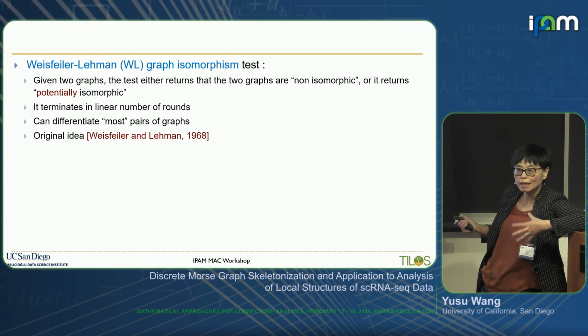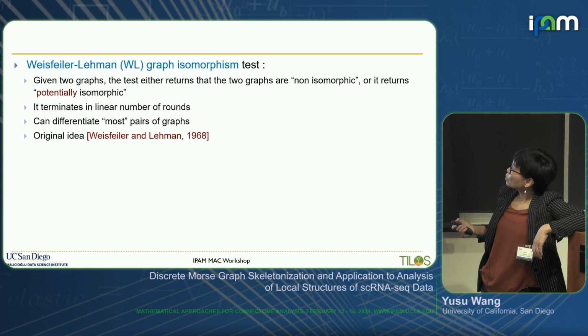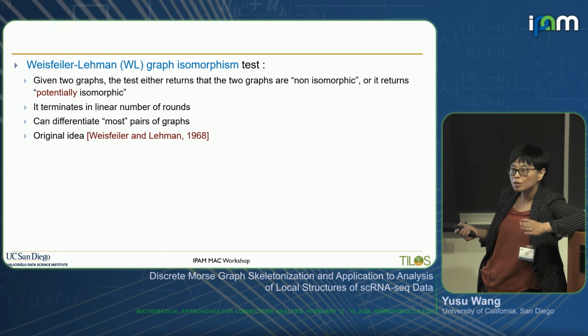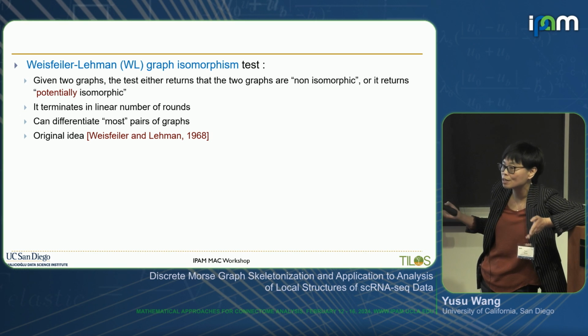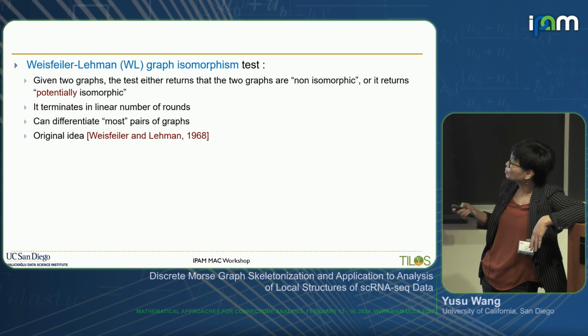The pairs that it cannot differentiate are only of measure 0. So with the so-called WL graph isomorphism test, if you give me 2 graphs, in linear iterations I tell you either they're not the same, or that I cannot tell, they're potentially isomorphic.